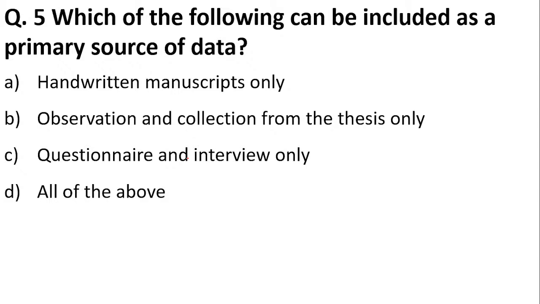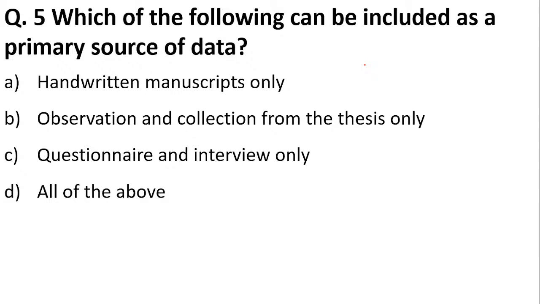So question number 5, what is primary source of data? Primary source of data is something that you have collected on your own. You have not used somebody else's work. All the data that you have gathered on your own, that is primary source of data.